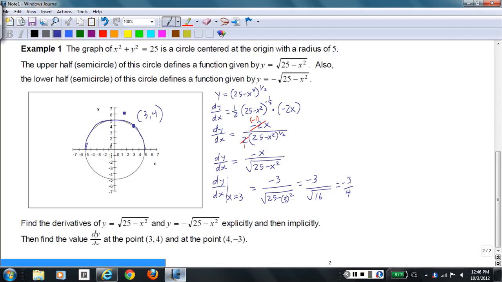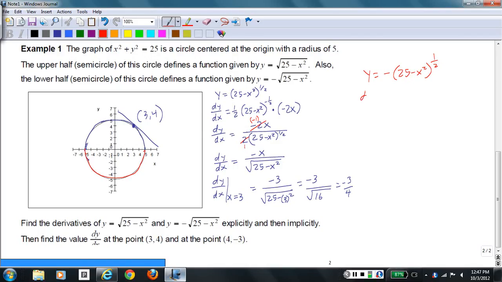So would this tangent line pass for one that has a slope of negative 3/4, you think? Certainly negative: 3 down, 4 to the right, 3 down, 4 to the right. Slope of negative 3/4. Let's try it with the bottom half. For the bottom half we would need to use y equals negative (25 minus x squared) to the 1/2, the bottom semicircle.